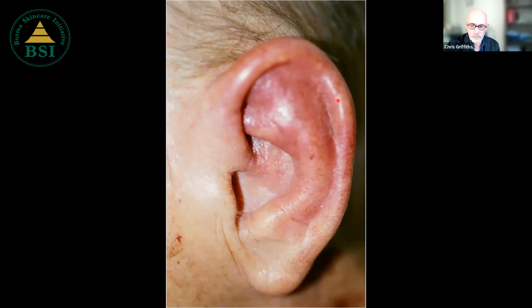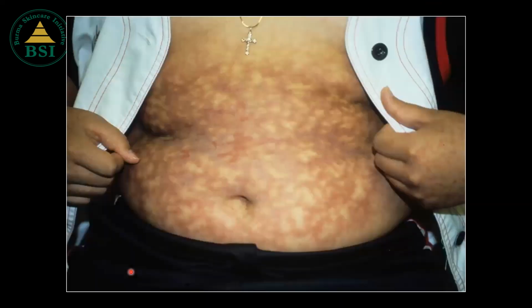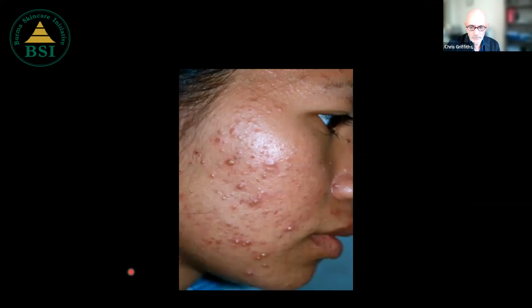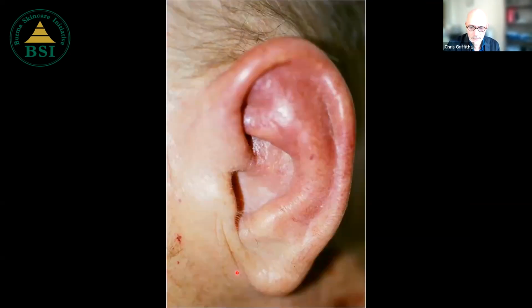Red, swollen, painful at the top where the cartilage is, absolutely fine in the earlobe. Good. Relapsing polychondritis. Let's move on if we can. Oops, I seem to have stopped advancing here for some reason. Is it autoimmune is the question, Professor? Yeah, it is autoimmune. Yep, it is autoimmune. There's probably antibodies to collagen 6. Okay, next case.